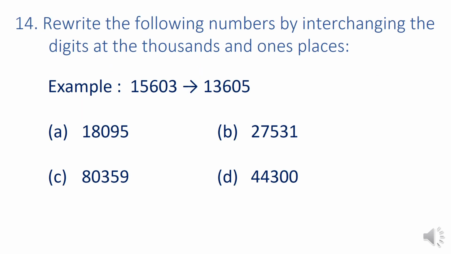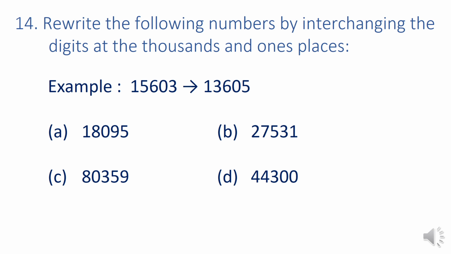Our 14th question is, rewrite the following numbers by interchanging the digits at the thousands and the ones place. Some numbers are given. And also for understanding, one example is given.